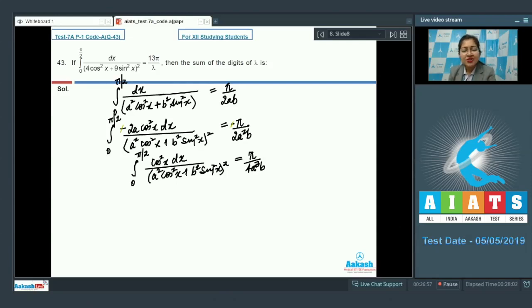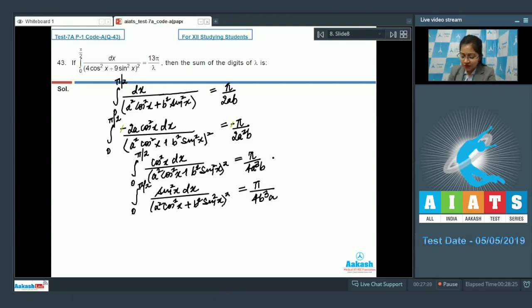In a similar fashion, if I differentiate it with respect to b, we will get the integral from 0 to pi by 2 of sin square x dx, and in the denominator (a square cos square x plus b square sin square x) whole square, is equal to pi divided by 4b cube a.